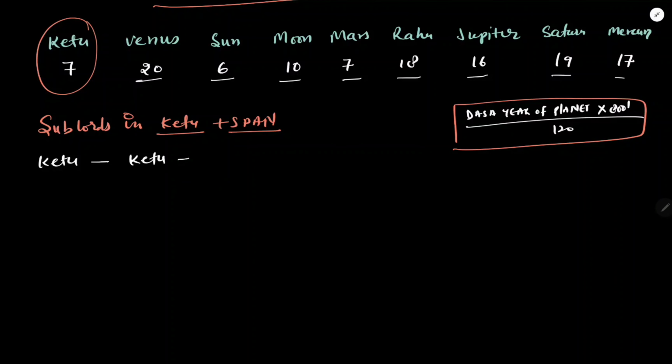If we fit this formula for Ketu, the dasha years of the planet, which is 7, multiplied by 800 and divided by 120, we will get 46.667, which is nothing but 0 degrees, 46 minutes and 40 seconds.